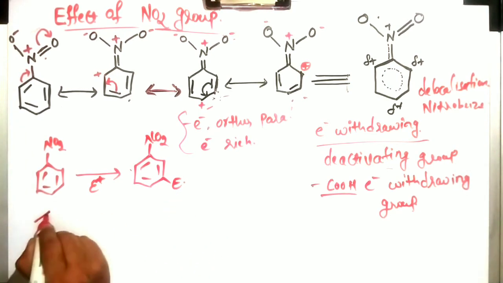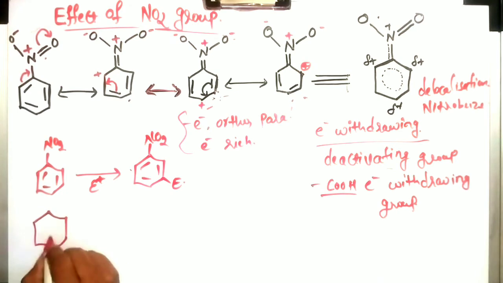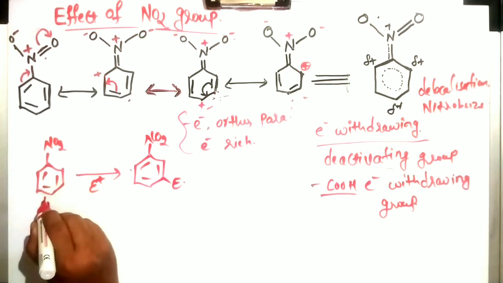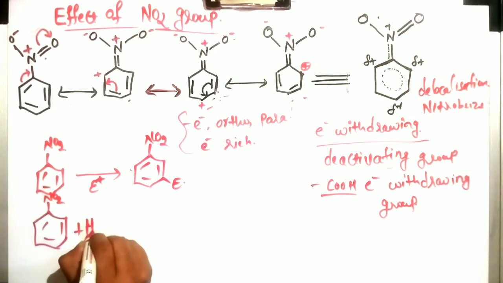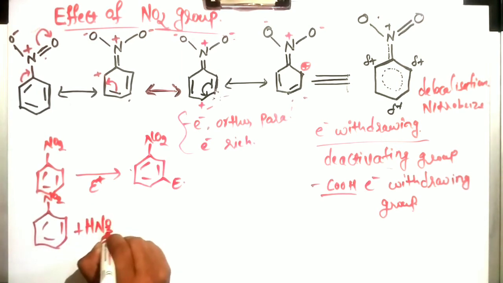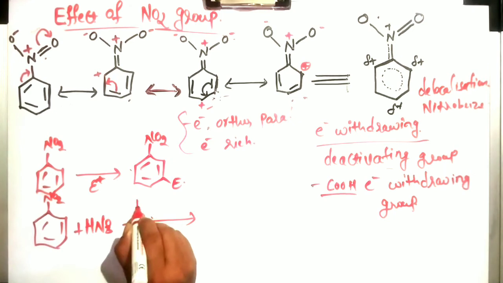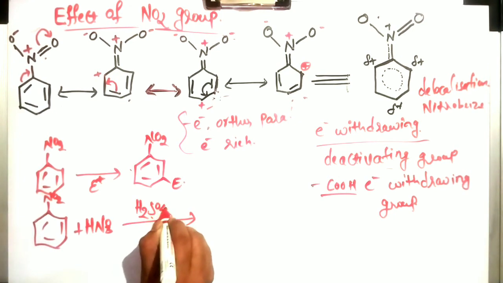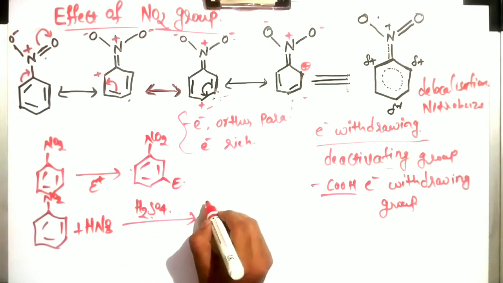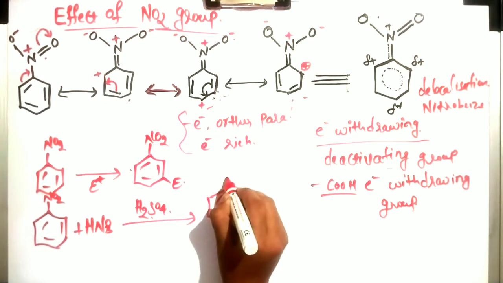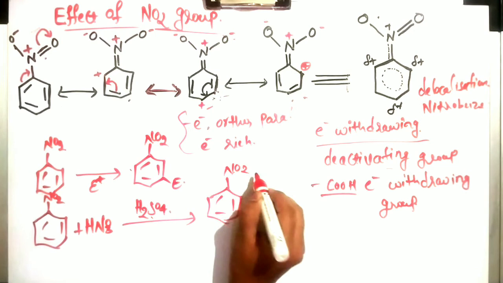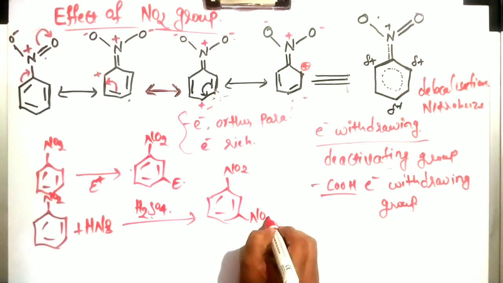So one example we can see here is nitrobenzene with the NO2 group reacting with HNO3. Okay, what will we get? What will be the intermediate? With H2SO4, what will we get? Which position will it occur at? This will remain here and this will remain here.